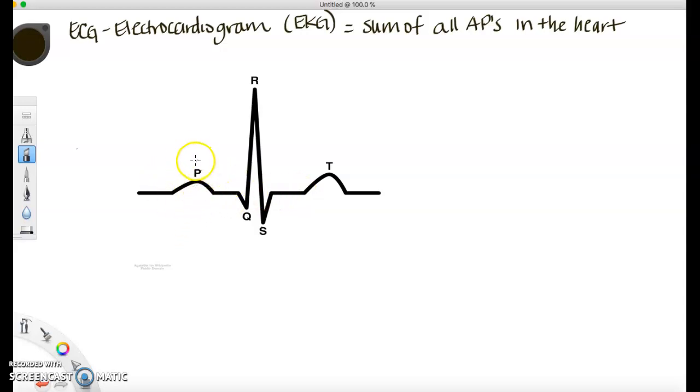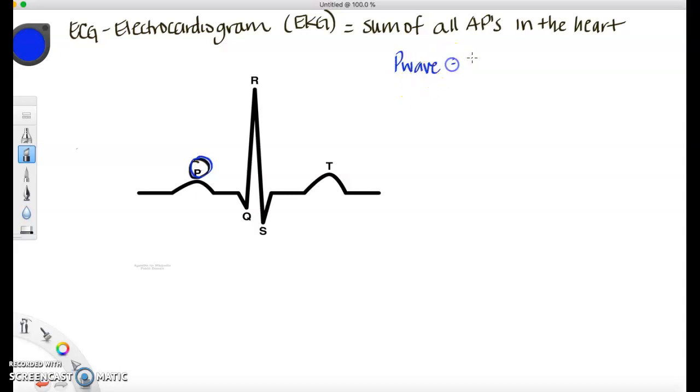So this P wave here, the P wave there, there we go. The P wave up here.